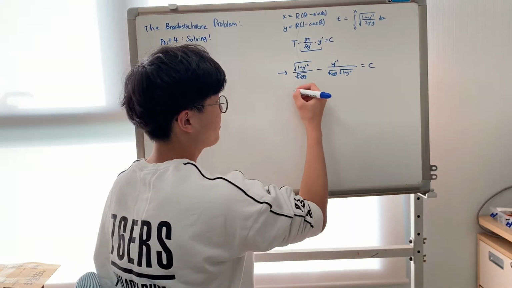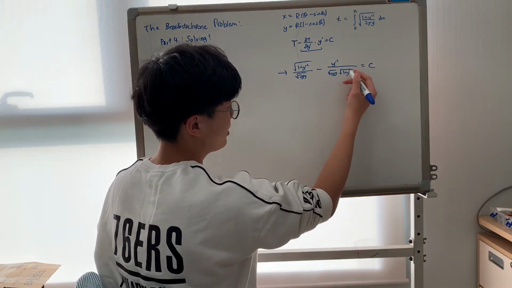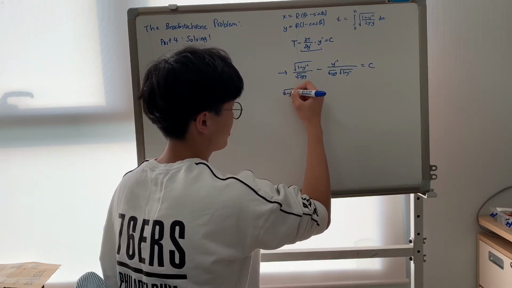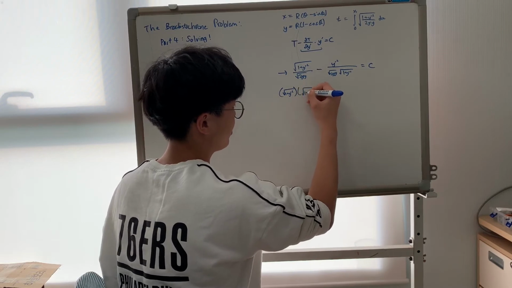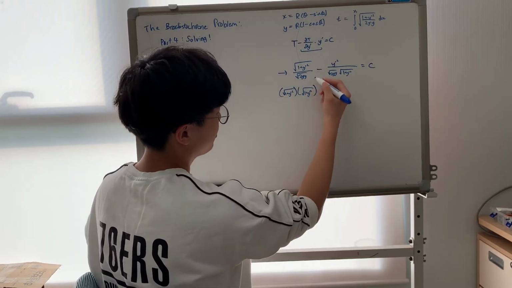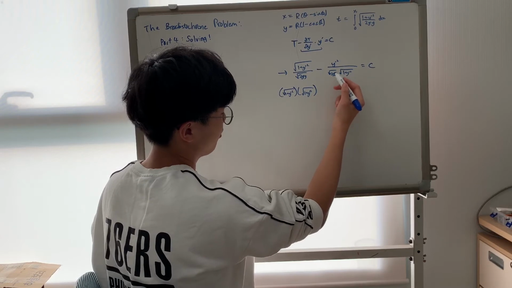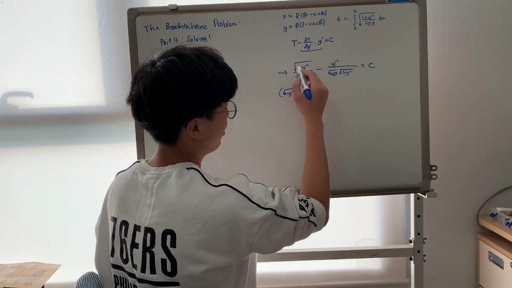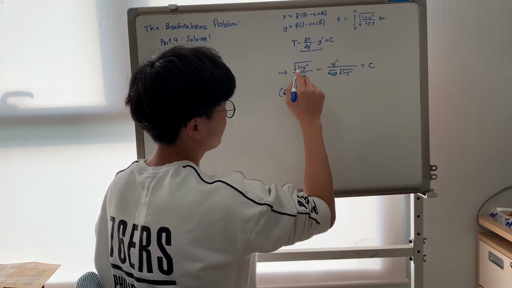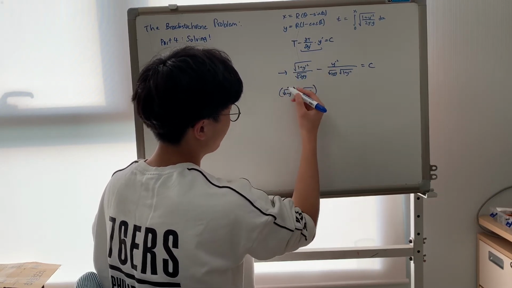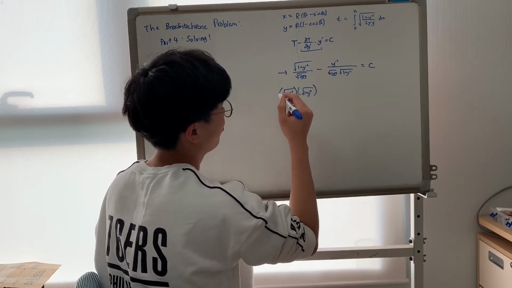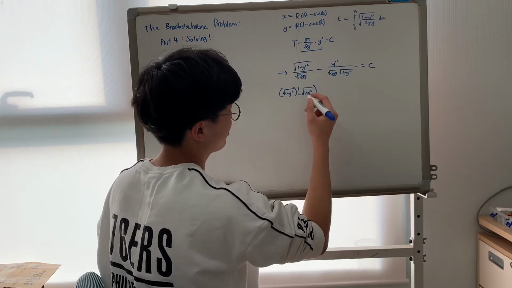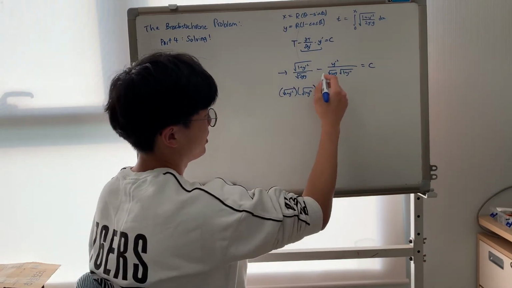So when we multiply the square root of 2gy and the square root of 1 plus y prime squared, we get the square root of 1 plus y prime squared times the square root of 1 plus y prime squared, because we cancel the 2gy and we get one square root of 1 plus y prime squared from the numerator here, and another square root of 1 plus y prime squared from the multiplier here.